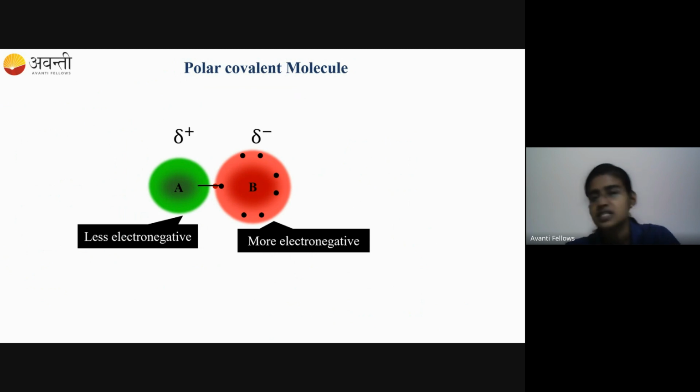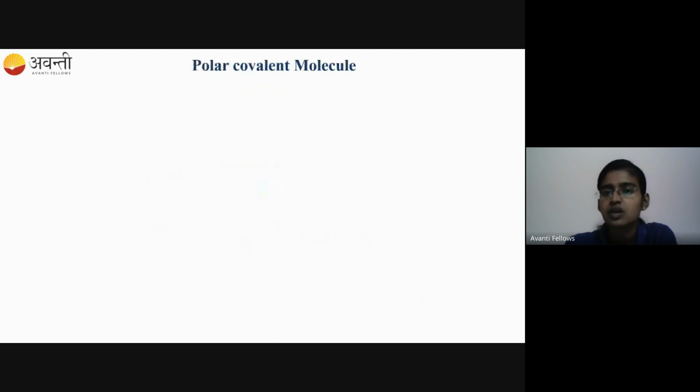The one which is gaining the electron will get the negative charge, and the one which is donating the electron will get the positive charge. The small delta denotes partially, so partially negative and partially positive. Now the bond is polarized. So we are having a positive end and a negative end, plus minus, dipoles are being formed. So it is called a polar covalent molecule.